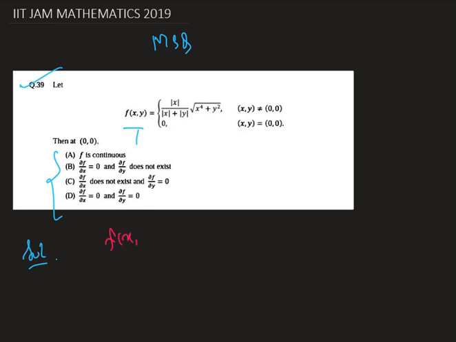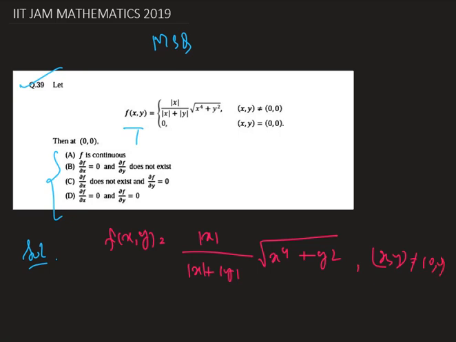f of x, y is equal to modulus of x divided by modulus of x plus modulus of y, multiplied by the square root of x to the power 4 plus y square, when x and y are not equal to 0, 0. Okay.